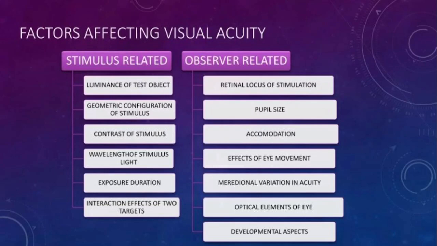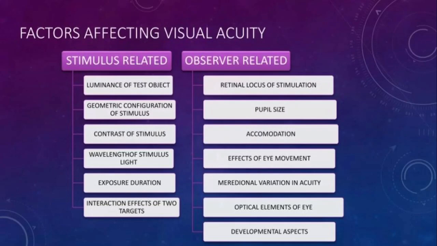Refractive errors such as nearsightedness, farsightedness, and astigmatism can cause blurred vision, which can affect visual acuity. Number 2, illumination, brightness, contrast, and environment can affect visual acuity. Poor light can make objects appear blurry or difficult to see.